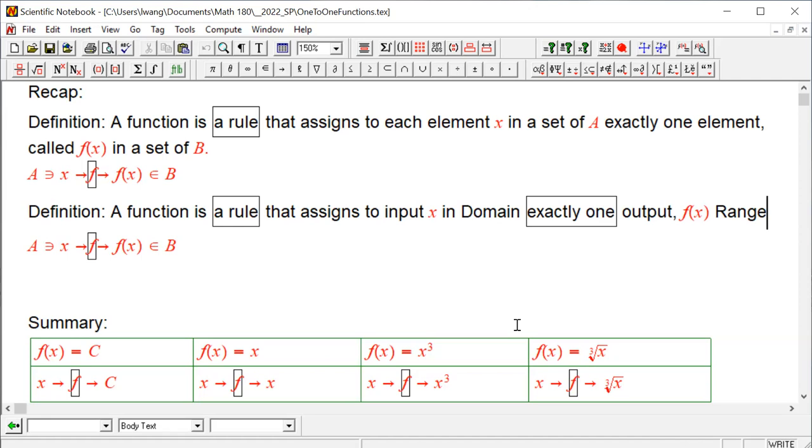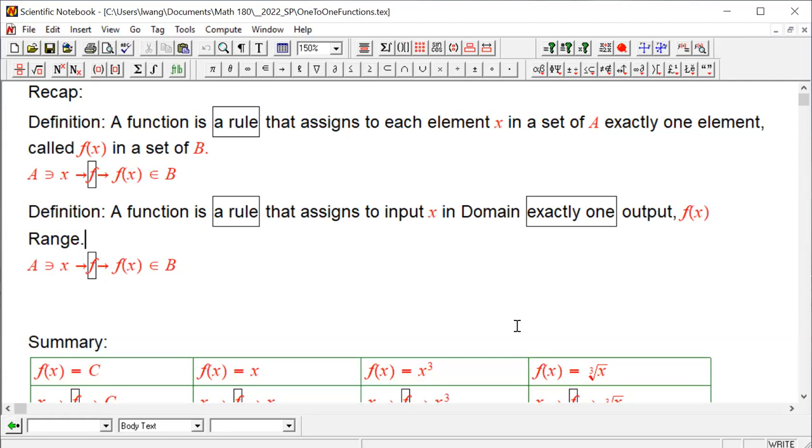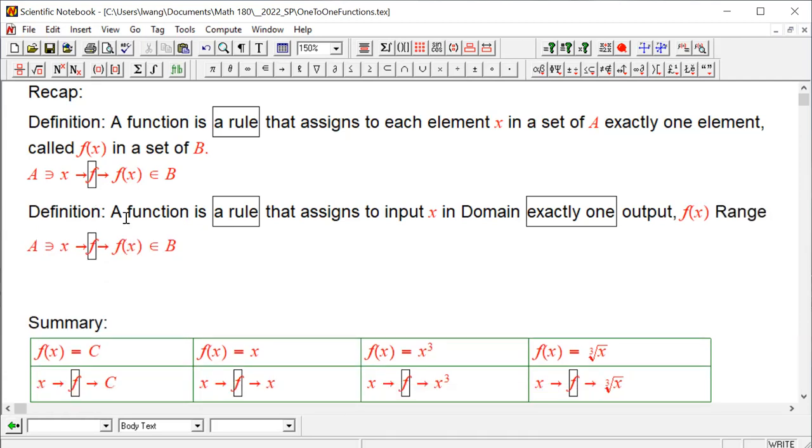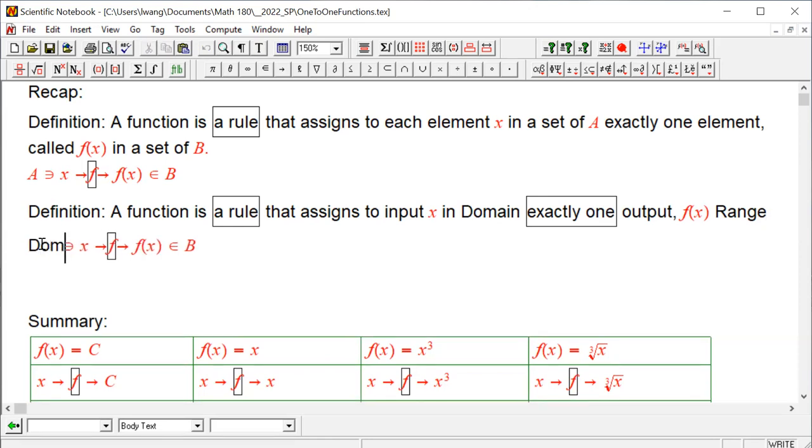That's exactly what we have seen when we studied all of these 8 functions last week. So A, I'm going to replace by domain, and B, I'm going to replace by range.